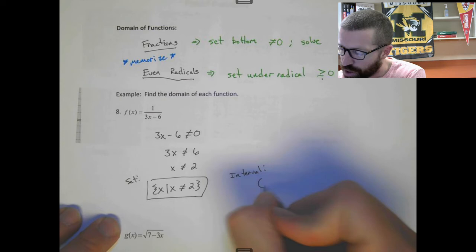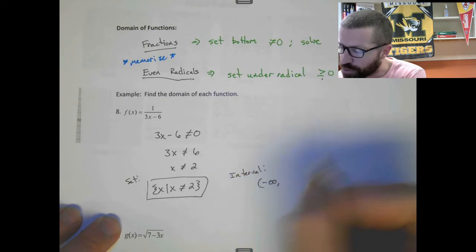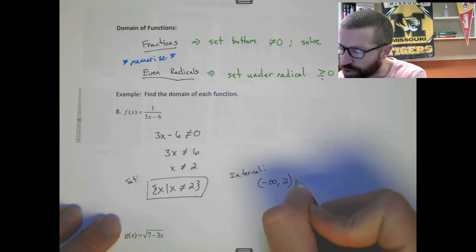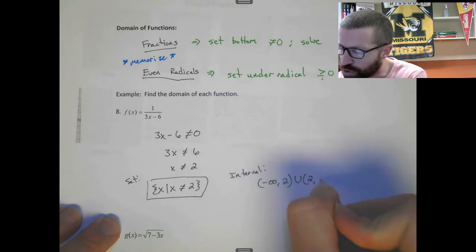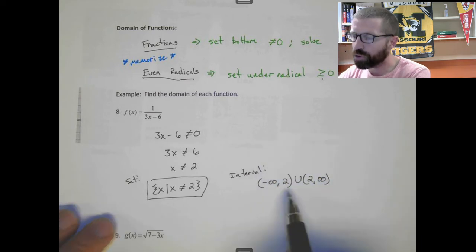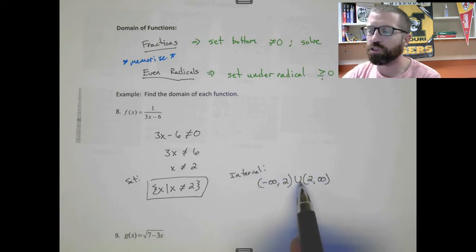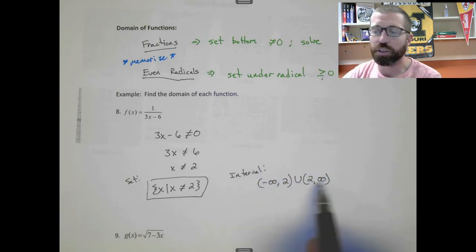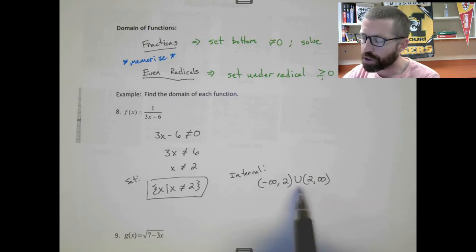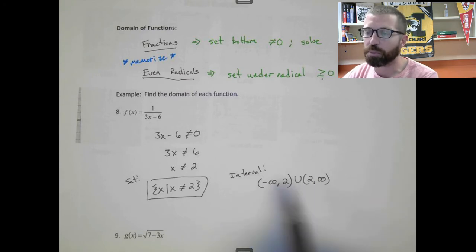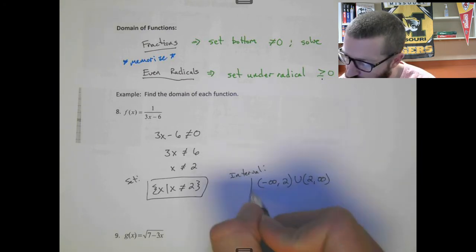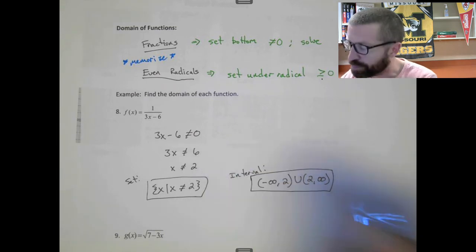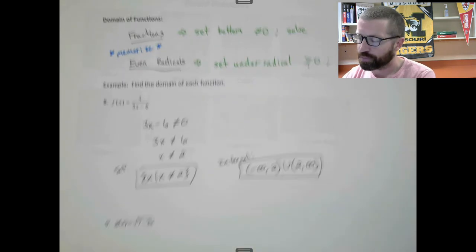So it's everything from negative infinity all the way up to 2. And then we're going to skip 2 and go to infinity. So to skip a number, you use a parenthesis, this union sign, and then the number again, and just continue on. It's important that you have parentheses and not brackets here. And either one of these is fine for the notation.